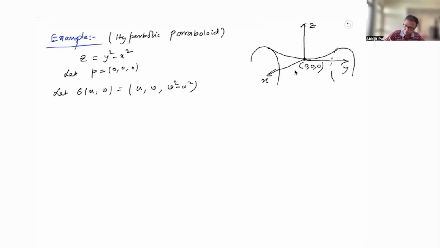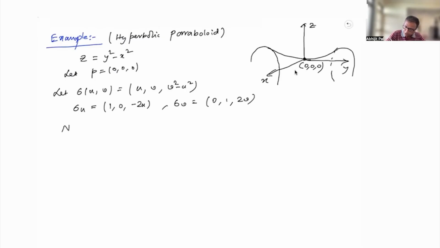So you can compute sigma_u. It is the basis of the tangent space. So sigma_u is (1, 0, minus 2u), and sigma_v is equal to (0, 1, twice v).